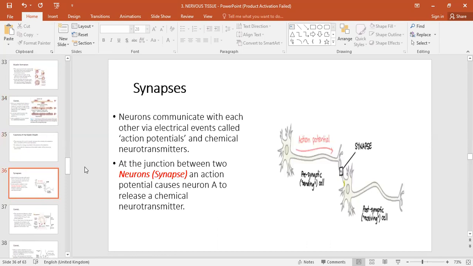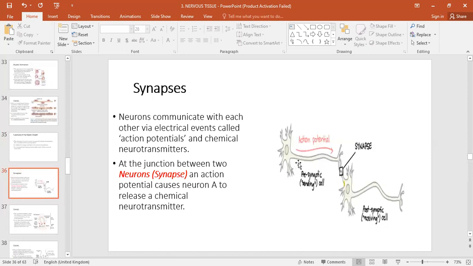Even synapses, I explained the synapse is simply the gap left between two neurons. So that is a dendrite, cell body, axon. Dendrite, cell body, axon. Dendrite and axon, they are interacting. So there's a small gap there that we call the synapse.